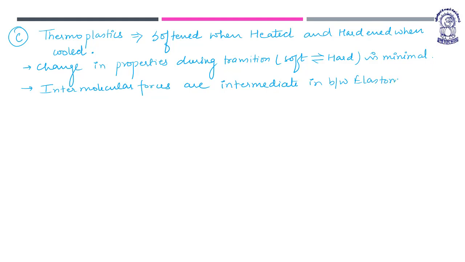Elastomers and fibers. Thermoplastics have intermolecular forces more than elastomers but less than fibers. There is no cross-linking between chains.